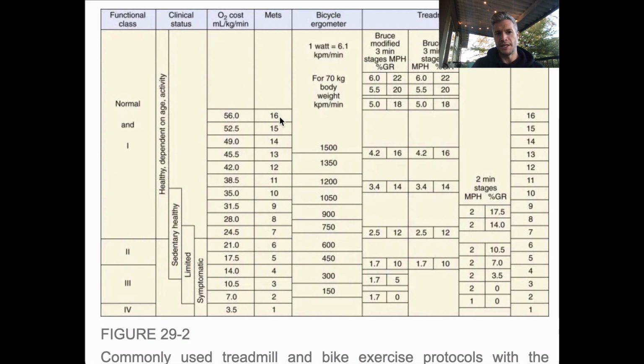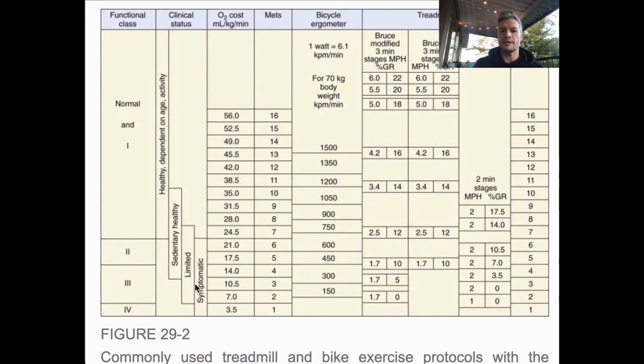And then again, relate that to how many METs, which if you know someone's workload or VO2, you can convert to METs fairly readily. If you're on a cycle ergometer, how many watts that is for someone roughly around 70 kilo. Here's our Bruce protocol. The Naughton we did not do. But again, METs you should be familiar with.